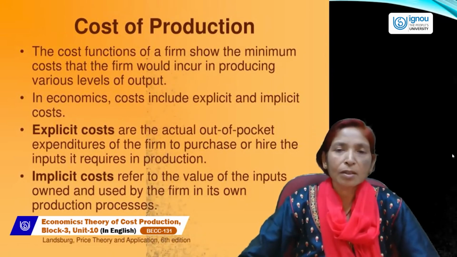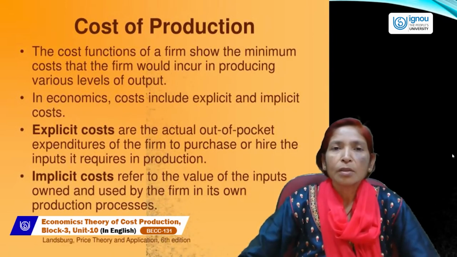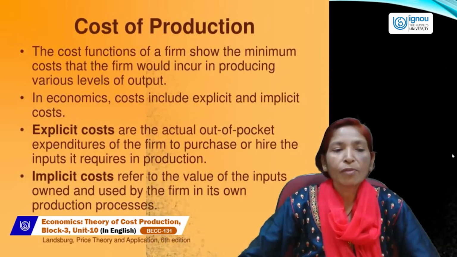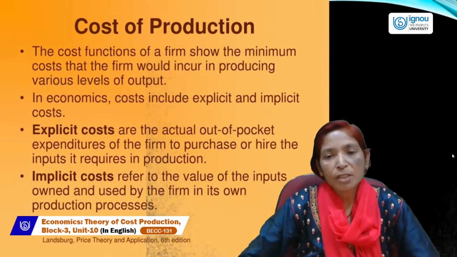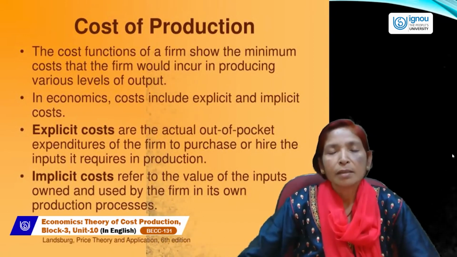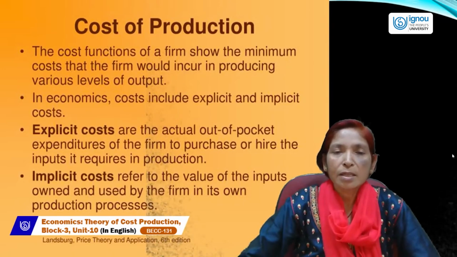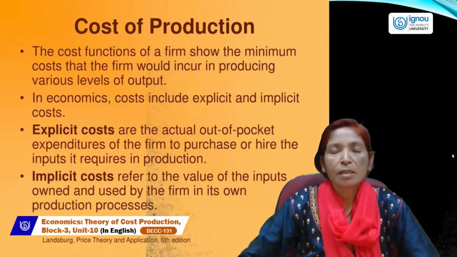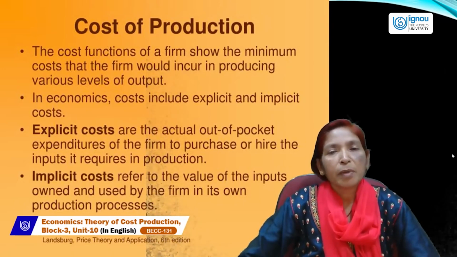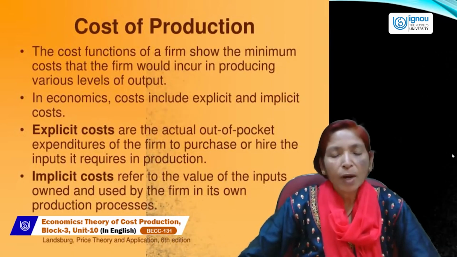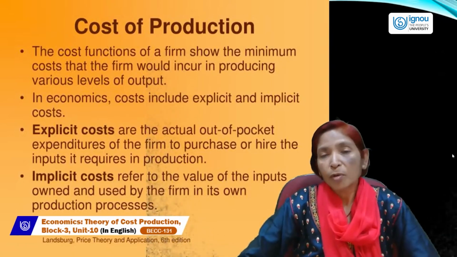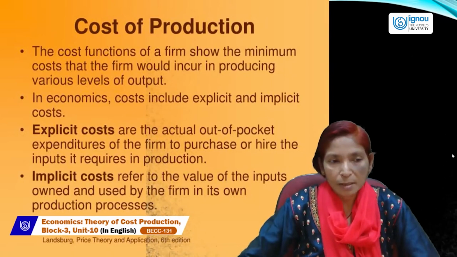So explicit costs are those costs which are the actual out of pocket expenditures of the firm to purchase or hire the inputs like land, building, machines, equipment, labor, capital, etc., which are required in the production of goods and services.